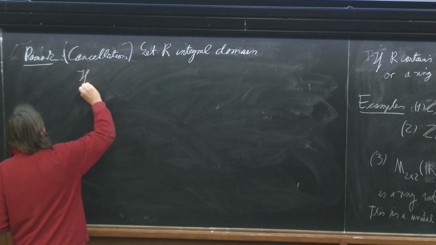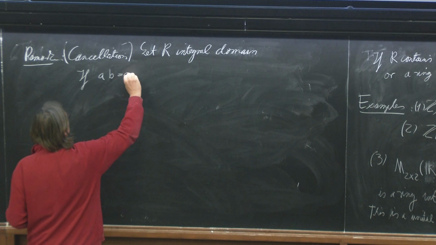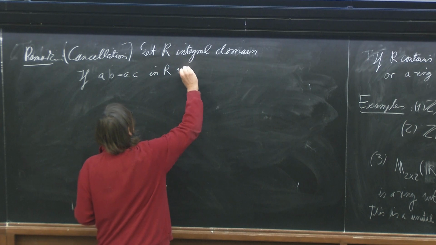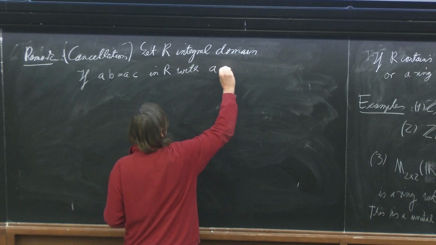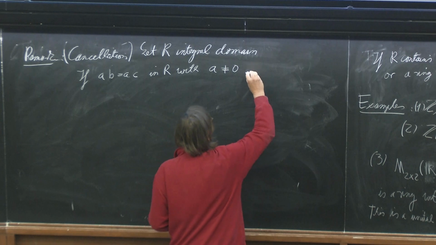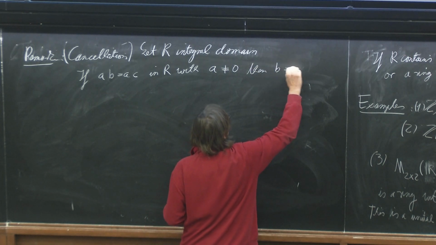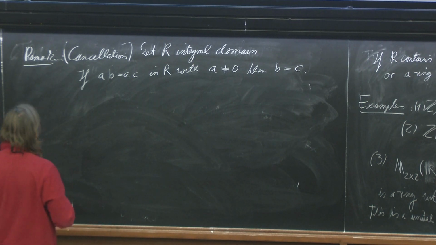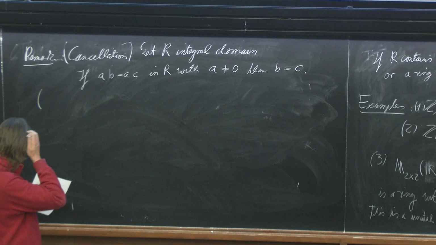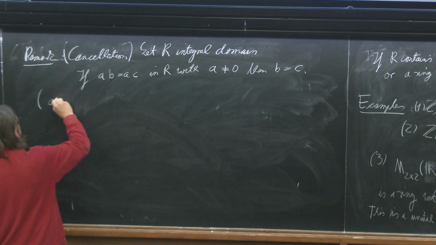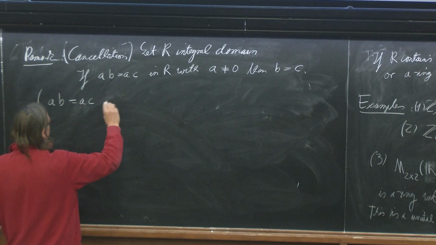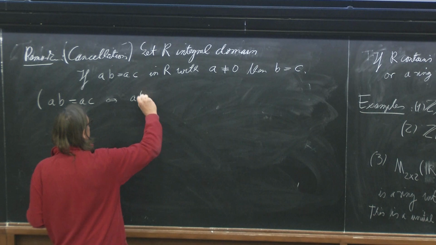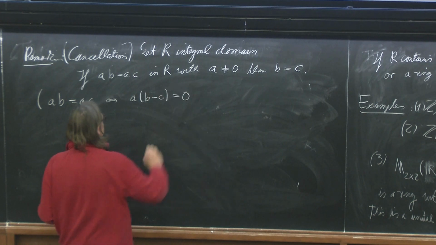So if, say, AB is equal to AC in R with A different from 0, then B is equal to C. Okay, and this follows just because AB is equal to AC is the same as saying that A times (B minus C) is equal to 0.